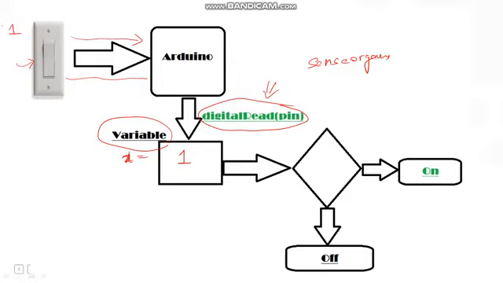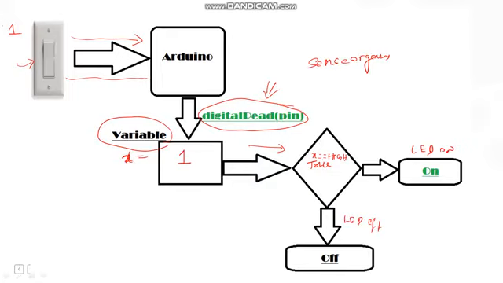Okay. So now what is it going to do? It will verify the condition. If the condition is true, you can write the condition like if x equal to HIGH. When it is high, it is going to turn the LED on, or else it is going to turn the LED off.